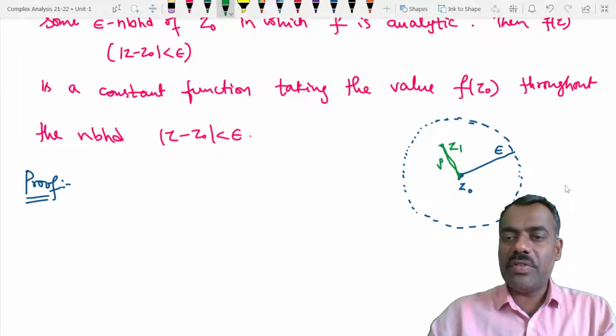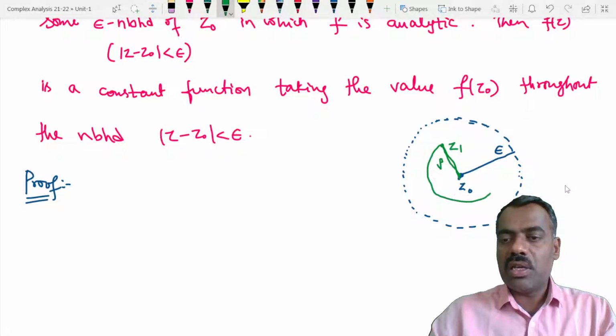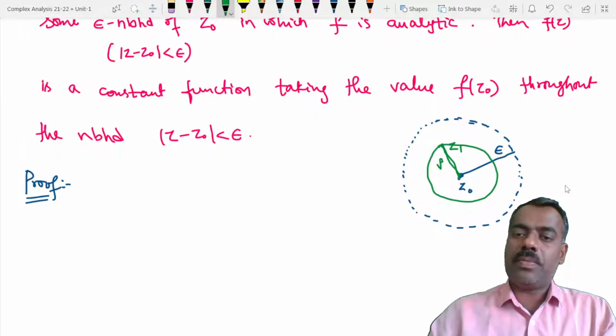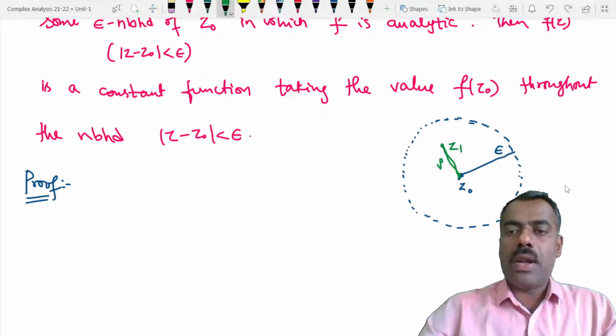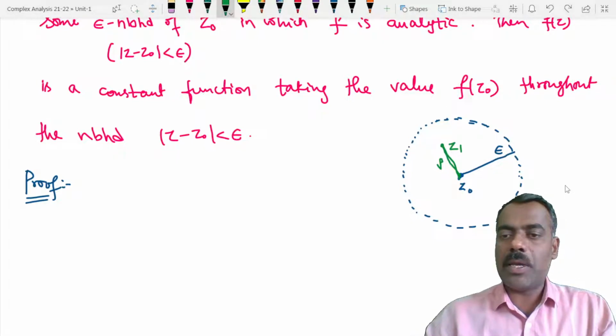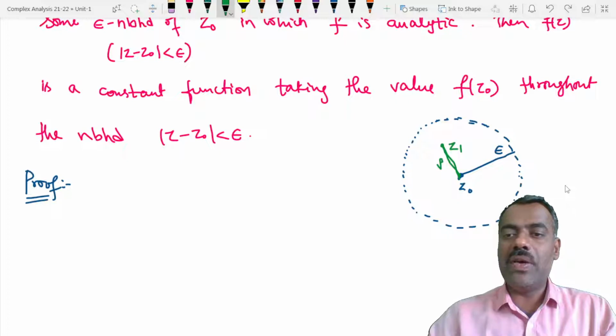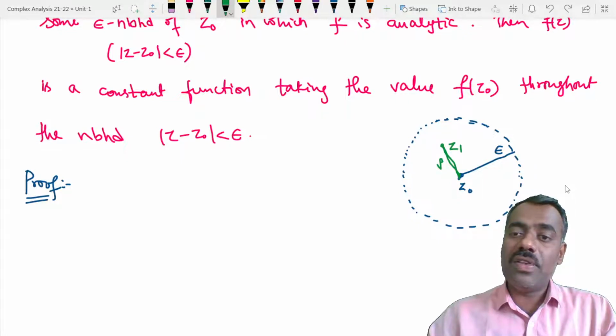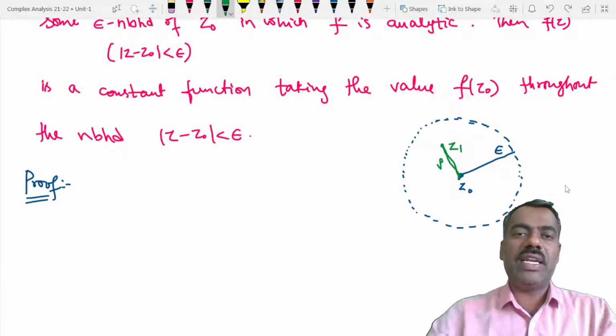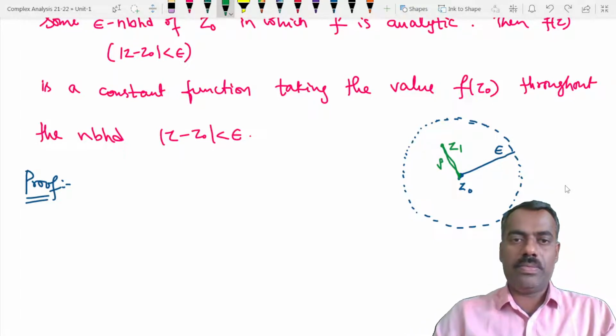Because this is z1, we will take a circle around this z naught of radius exactly rho. Then z naught is an interior point to that, and f is analytic, so we can apply the Cauchy integral formula. We get the value of f of z naught. Finally we will show that f of z naught is the same as f of z1, and since z1 is arbitrary, you can move this z1 anywhere, so we get that f is constant throughout this neighborhood. That is the idea.